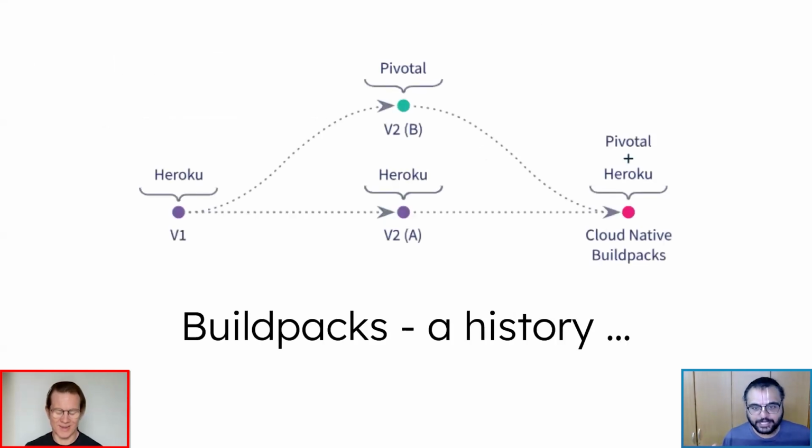So like any good technology, Buildpacks originated in one world, which is Heroku. It was adopted heavily by the Cloud Foundry community as well. This was known as Pivotal back then. And there were two kind of parallel standards that happened for Buildpacks. Pivotal had their own way of pursuing Buildpacks.